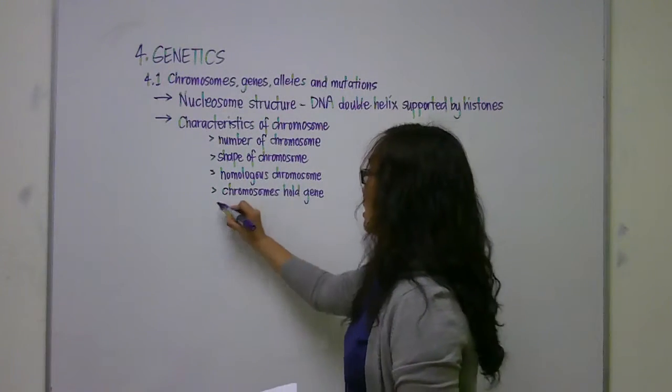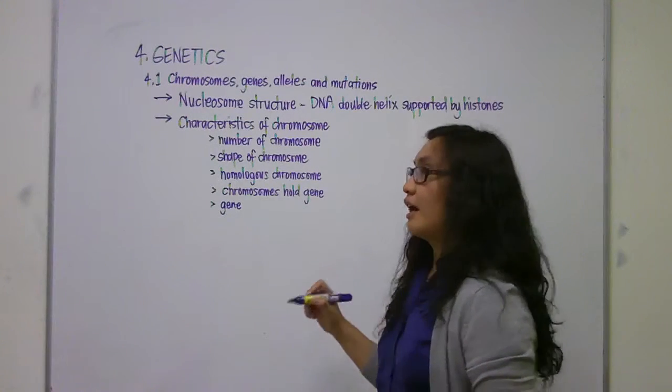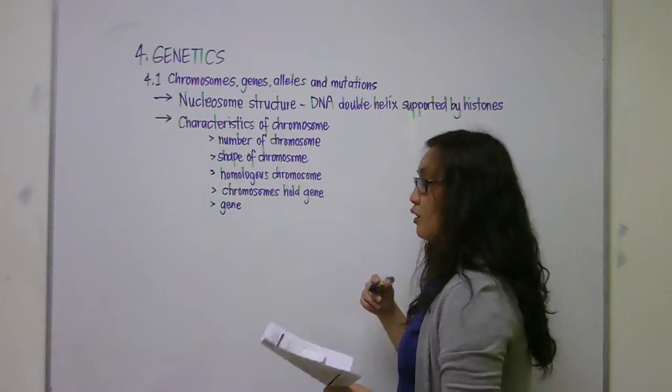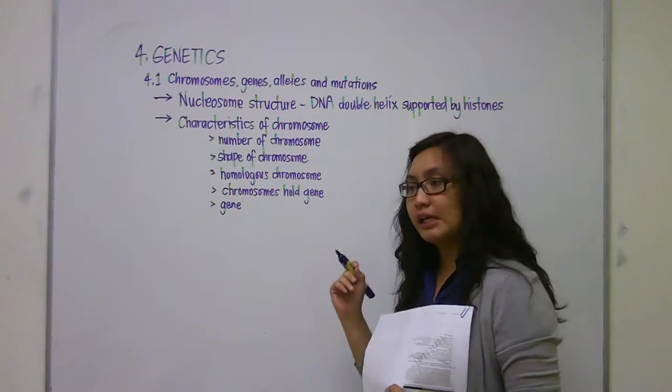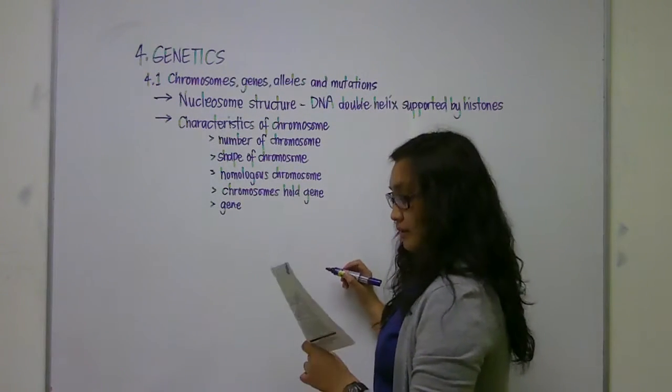Each gene is located in a specific locus, or specific loci. Loci means a specific area within the length of the chromosome.